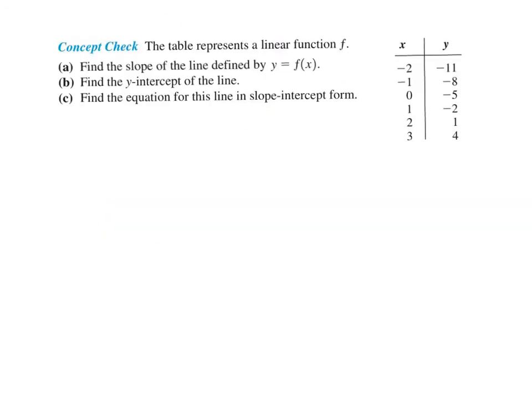Alright, so here's a 3-part problem. It gives you a table of values, and you're told that it does represent a linear function. First question is to find the slope defined by this linear function. Okay, so for part A, remember, slope is just the change in y over the change in x, delta y over delta x.